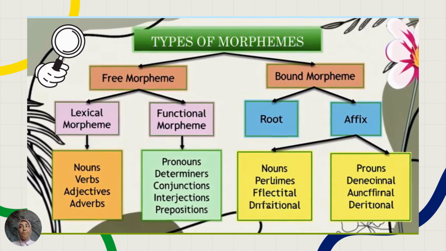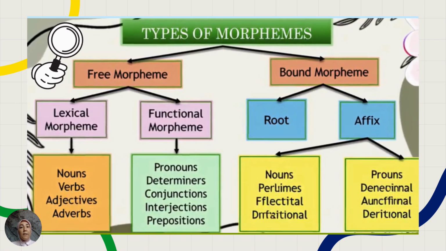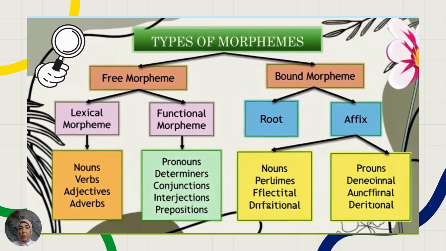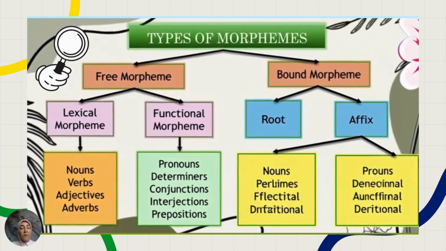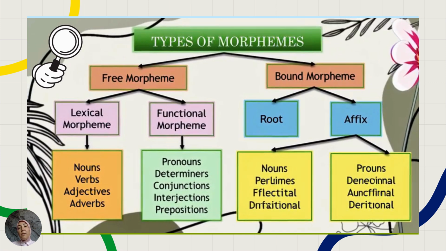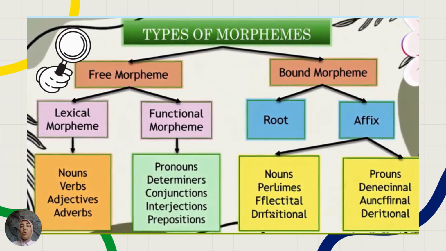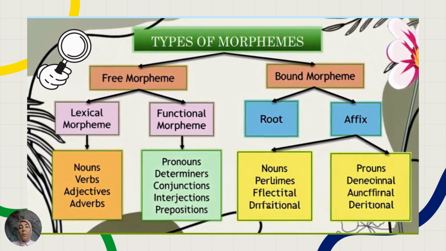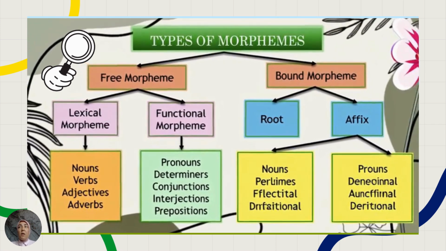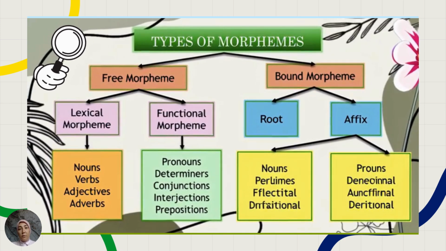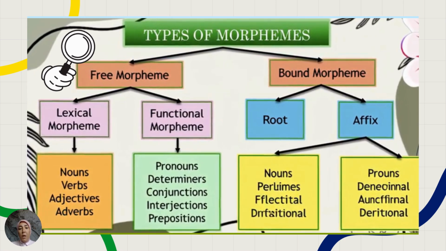So affixes are divided into three subtypes too. They are divided into prefixes, infixes, and suffixes. So a prefix is the addition to the word, the morpheme, which comes at the beginning of the word and changes the meaning. A suffix comes at the end of the word and changes the meaning.